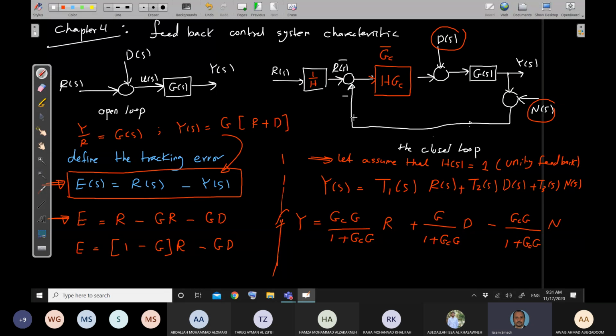So I will get the same. Instead of r, I will put r dash, and instead of gc, I will put gc dash. So without loss of generality, I can assume that h of s is equal to 1. And this is the beauty of something we call loop shaping. I'm shaping the loop.